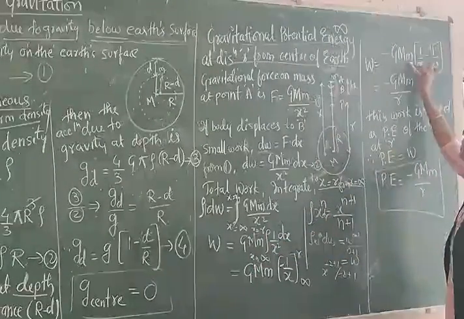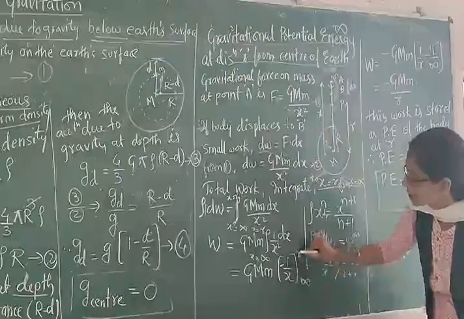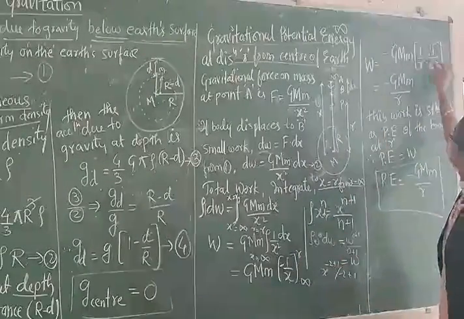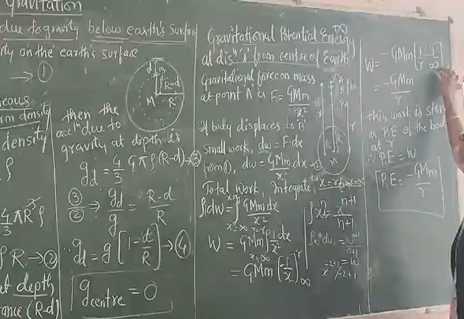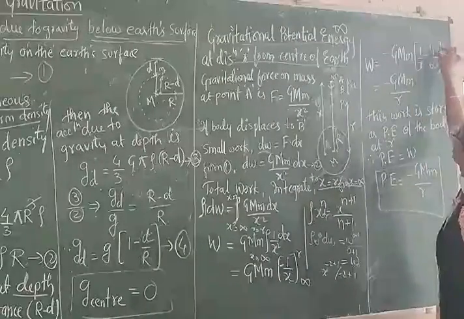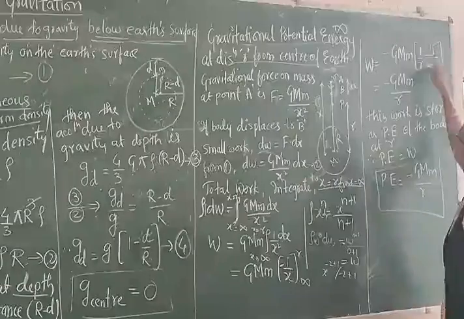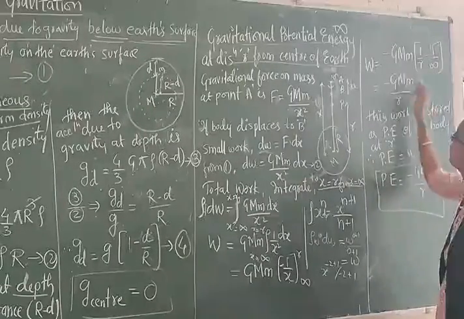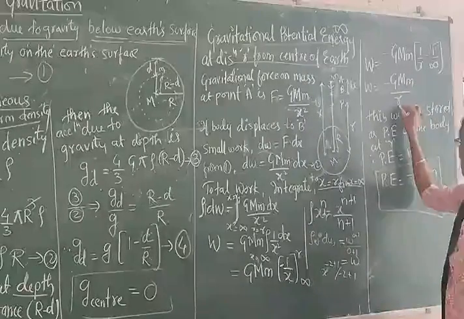Minus GMm into 1 upon r minus 1 upon infinity. That is, first the upper limit minus the lower limit substitution you have to do. 1 upon r as it is, and 1 upon infinity is nothing but 0. So inside the bracket you are getting 1 upon r minus 0, and when I simplify I am getting W is equal to minus GMm upon r.